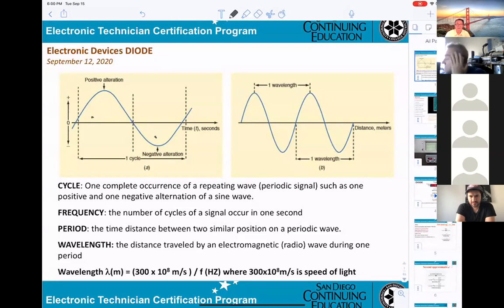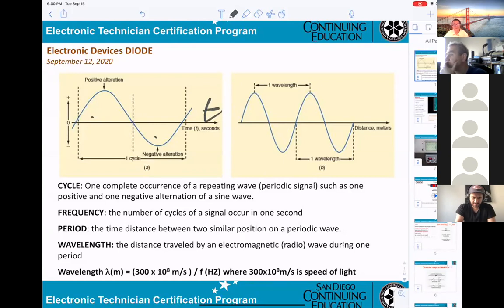So the first thing when you look at this signal, you understand this is the sine wave. And it will be in the time domain. Time domain means it varies with time.